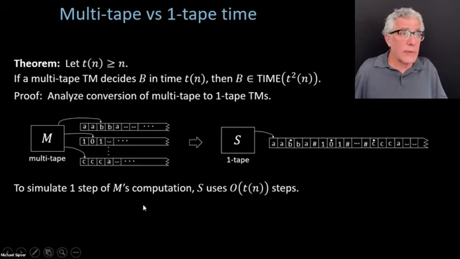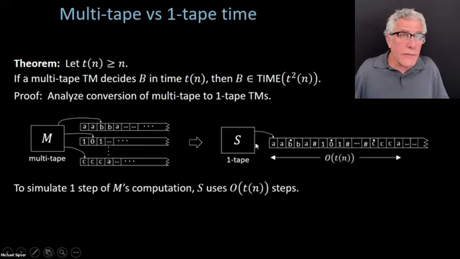So to simulate one step of M's computation, S is going to use order T of n steps, where T of n is the total running time that M uses. Why does T of n come up here? Because you have to measure how S makes a scan across its tape. How big can its tape be?